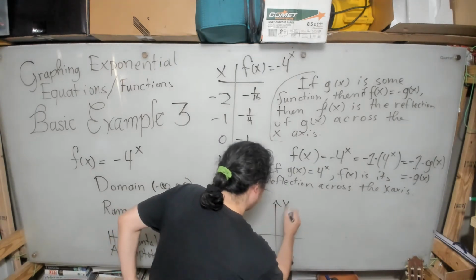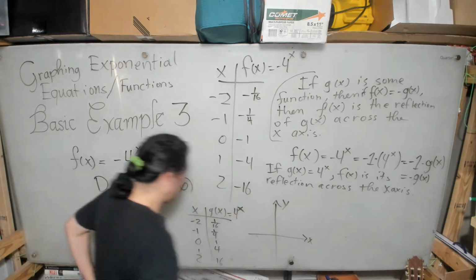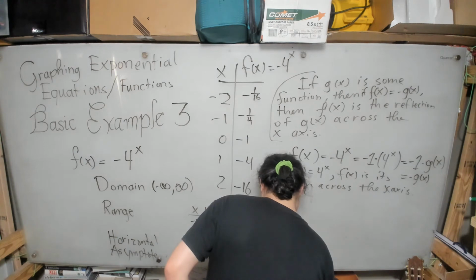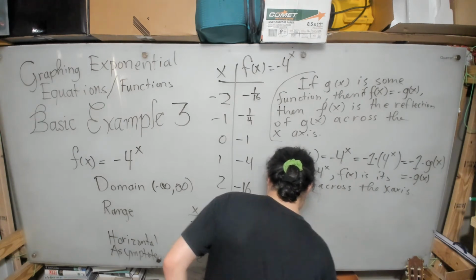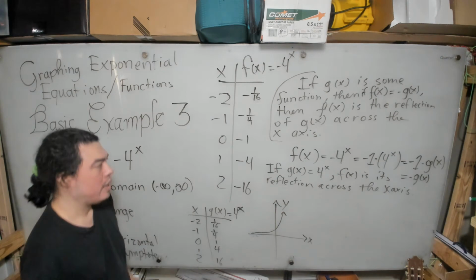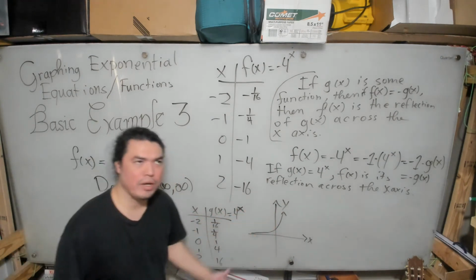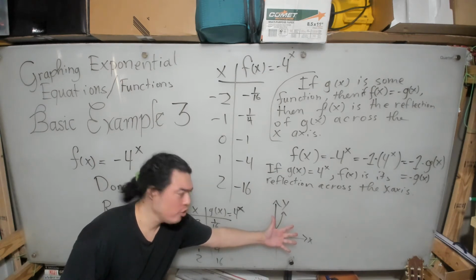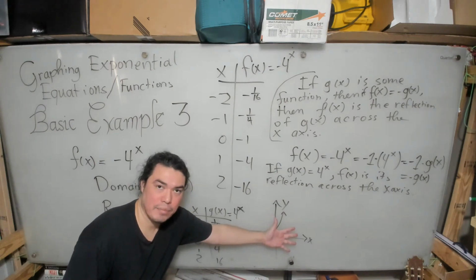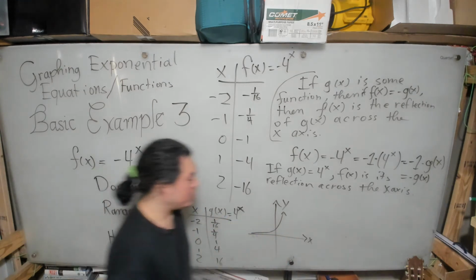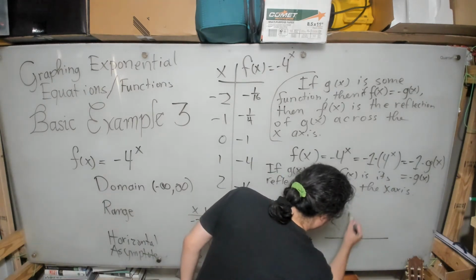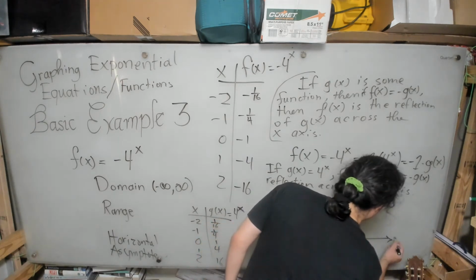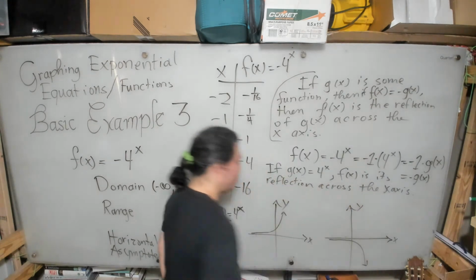you will see that it's going to look like this. And what would it mean, the reflection across the x-axis? It means I take the xy plane like this, using my x-axis as the pivot, and I just flip it over. And so I would get a graph that looks roughly like this.